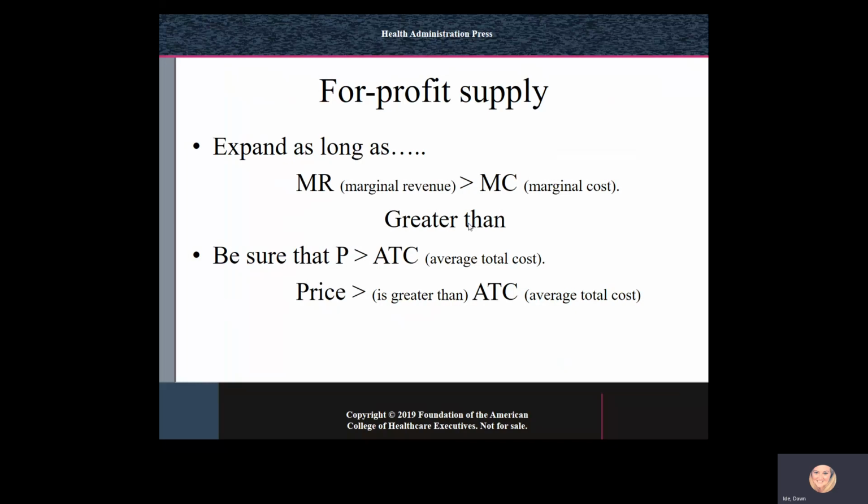So our revenue has to be $1 million, the cost has to be $500,000 or something like that, right? You can't have the revenue be $1 million and the cost be $2 million, because then you lost money, right? So it's just really common sense here. Be sure that your price is greater than your average total cost, meaning that you're pricing it higher than what it costs to make it.